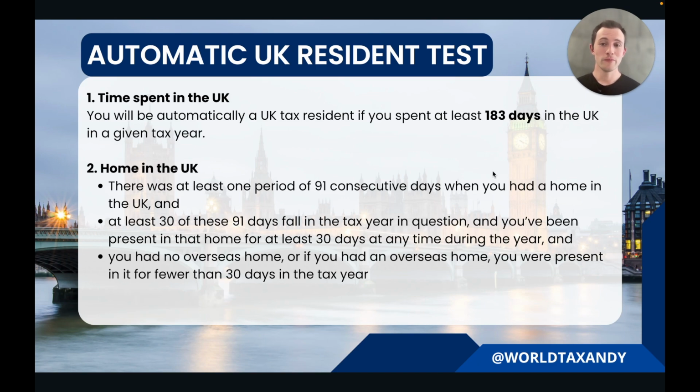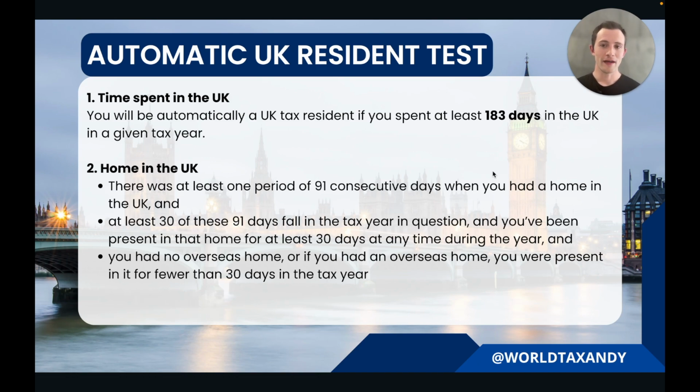So it says that you'll be a UK resident for the tax year if you have or have had a home in the UK for all or part of the year, and the following all apply. There is or was at least one period of 91 consecutive days when you had a home in the UK. At least 30 of these 91 days fall in the tax year when you had a home in the UK, and you've been present in that home for at least 30 days at any time during the year.